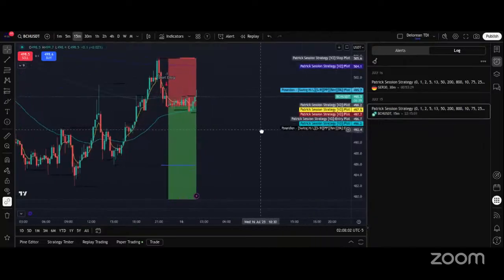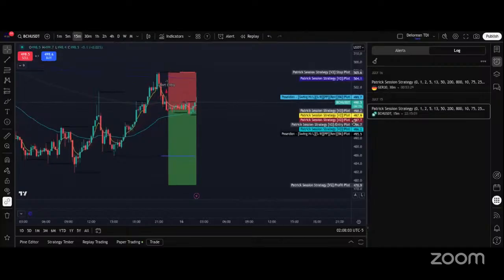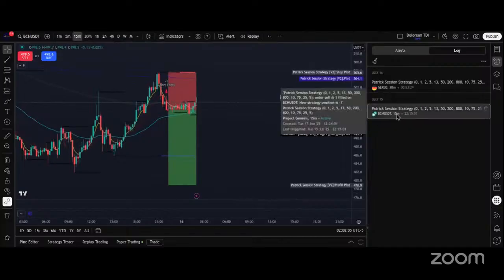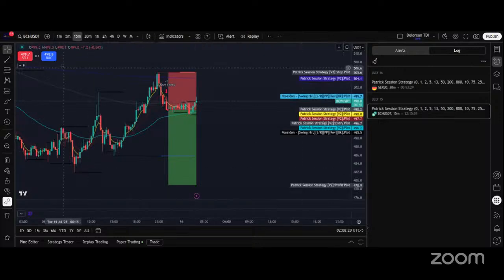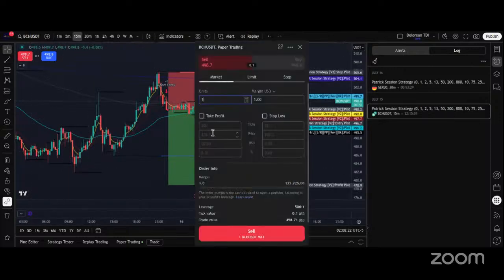And we have an opportunity to get into Bitcoin Classic versus Tether. We have blue, gray, aqua, which confirms a downtrend. So we're going to enter this particular trade on a sell to $478.9. So short position from current price.